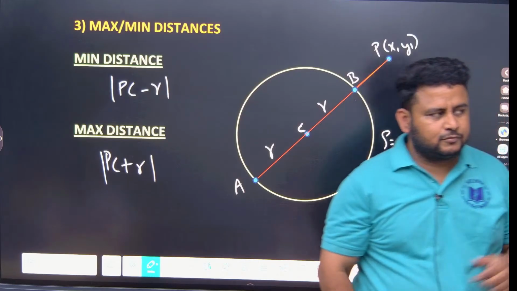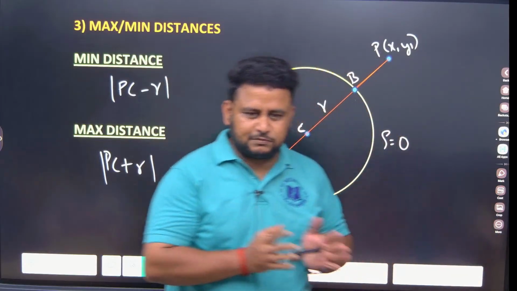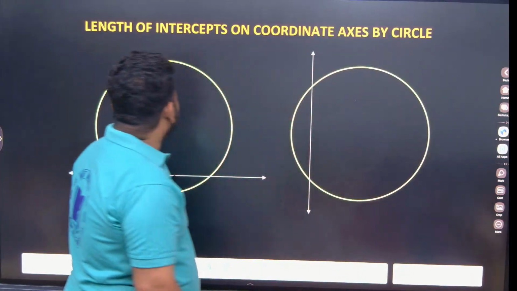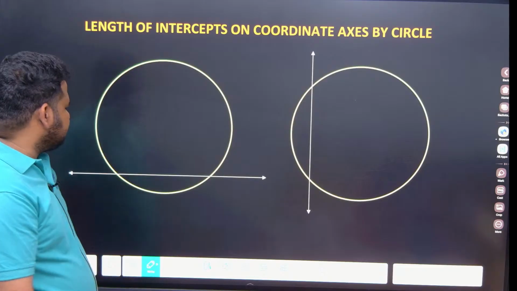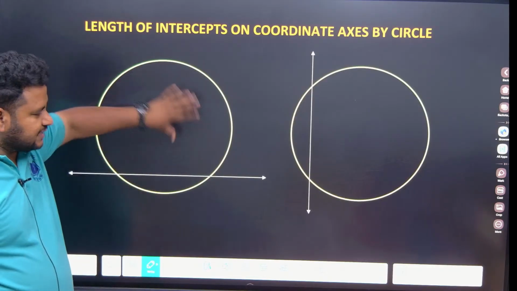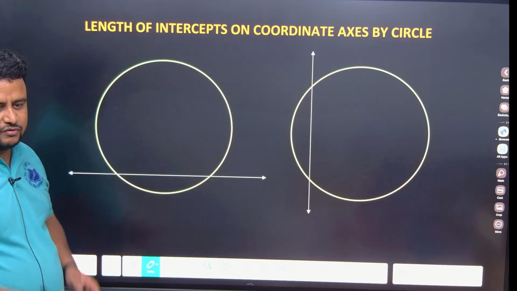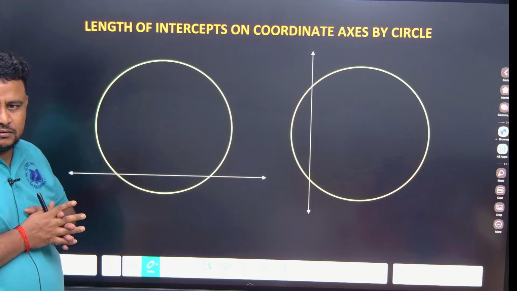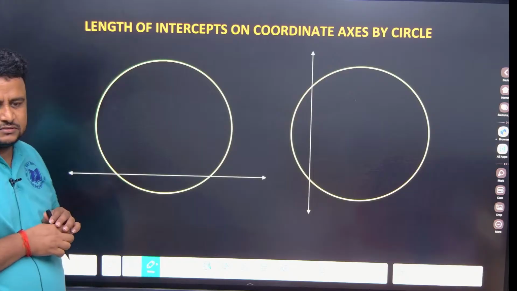Okay, now what we will be studying is different types of circle with respect to their position. See here, now length of intercepts on the coordinate axis by the circle.